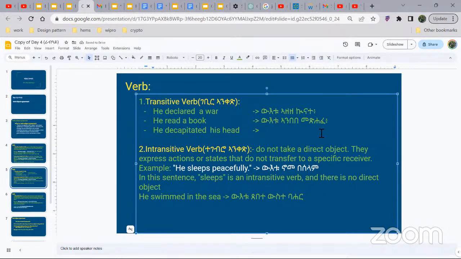Okay, his head, the object. Wait, why do you use "do" instead of "his head"?